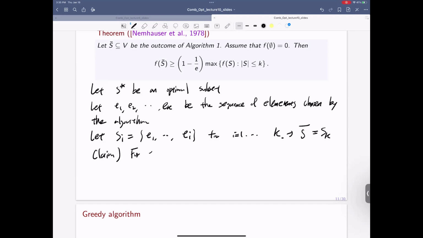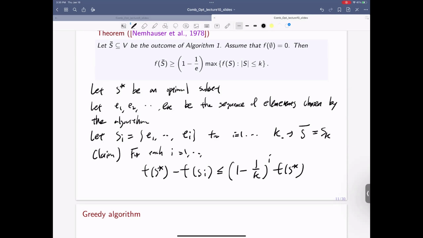For each i, f of S star, which is the maximum possible value, should be greater than or equal to f of Si. But there's an upper bound on this value, which is here: 1 minus (1 minus 1 over k) to the i, times f of S star. You can argue this. We're going to prove this for each i.